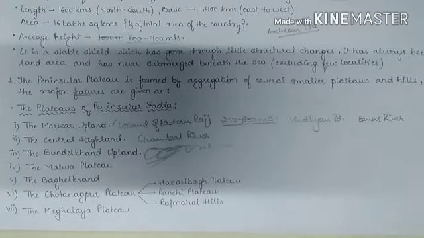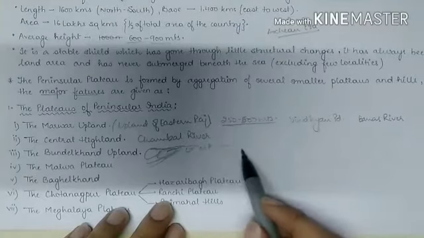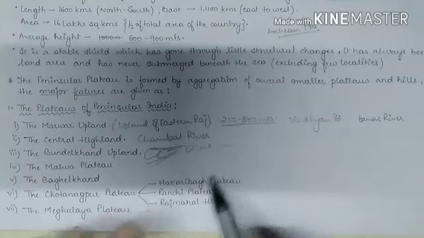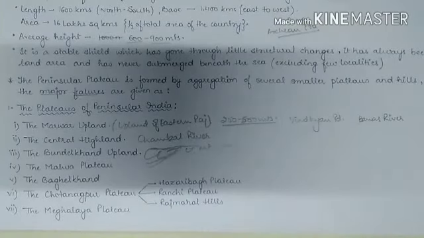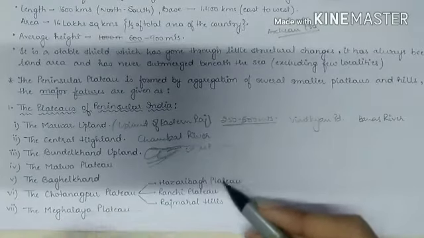Okay, so this is a triangular base. It has Vindhyan hills bounded by Aravali ranges in the west, and the eastern part of Bundelkhand is sharply defining its edges.